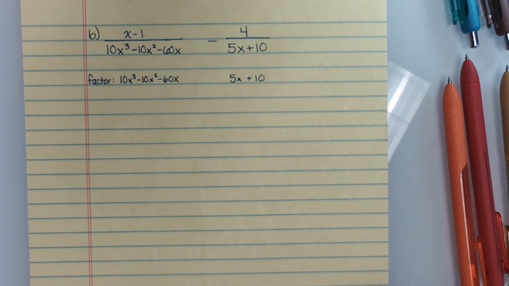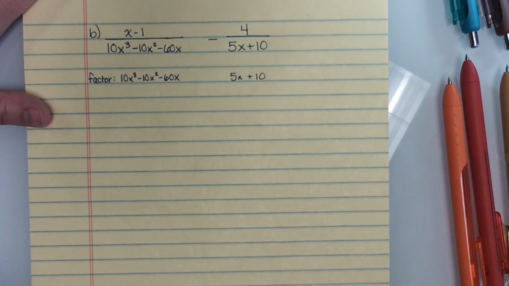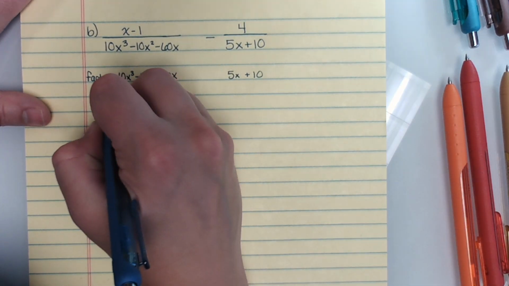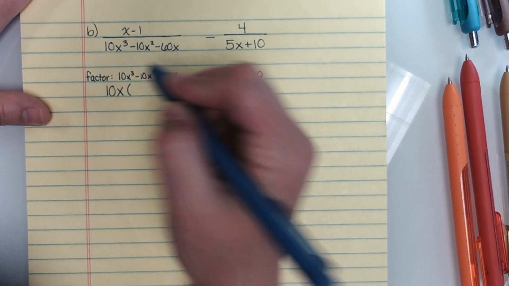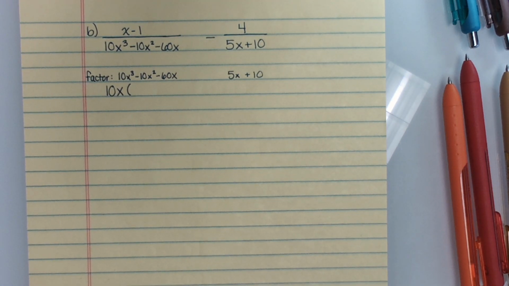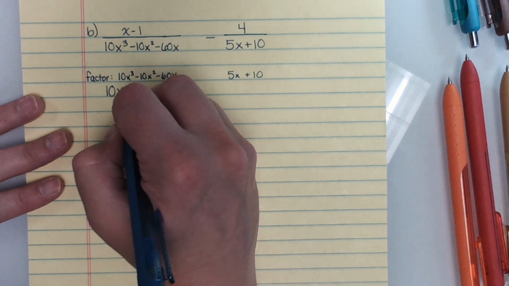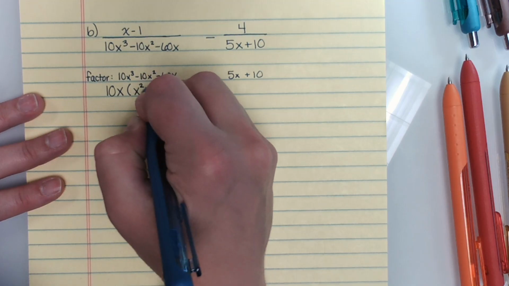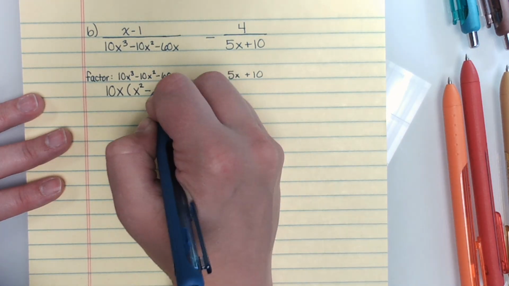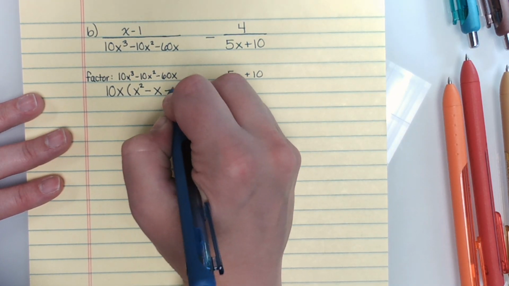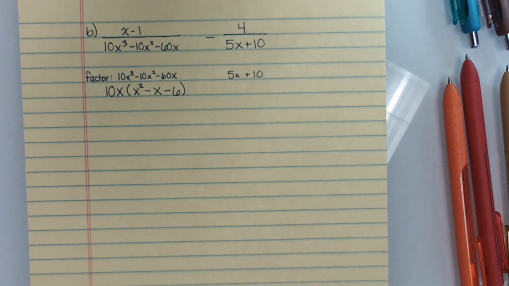Greatest common factor of that first one. 10x, leaving me with x squared minus x minus 6. Isn't it? Can I factor it further?